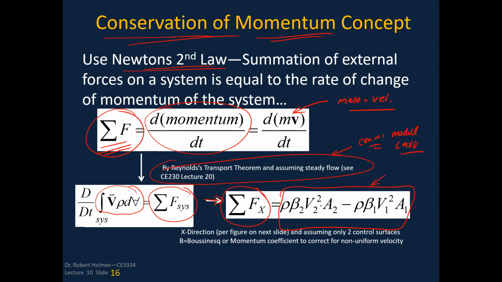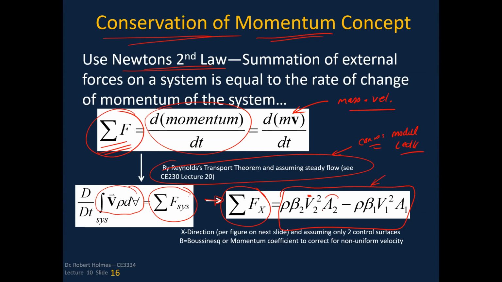Beta is a momentum coefficient because, as I explained earlier, we're going to use mean velocity. Once you start squaring that mean velocity and doing things to it to get at something, in this case a momentum, we don't do a very good job if we just use the mean velocity. So we use something to correct for that mean velocity, which is this Boussinesq coefficient.